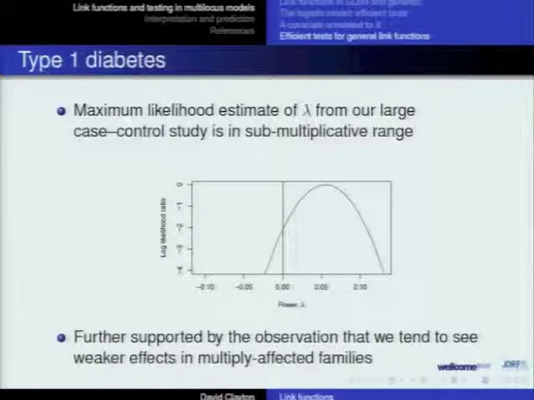This value, for those of you who can't see, the maximum likelihood estimate is 0.05. So it's pretty close to a multiplicative model. And the additive model is somewhere out here. So you can reject the idea of no epistatic action very considerably. There's a bit of moderate movement over that way. Even the probit model corresponds to about here, and that's pretty seriously rejected as well.